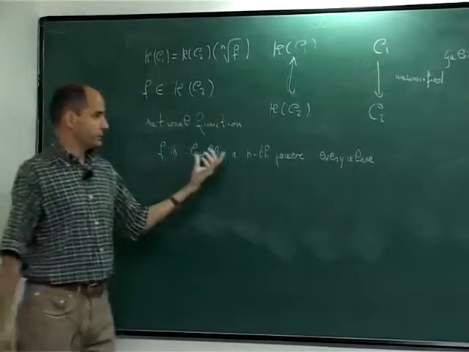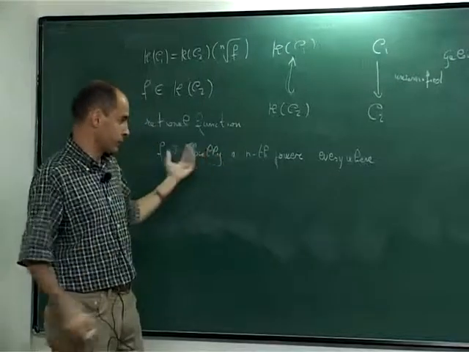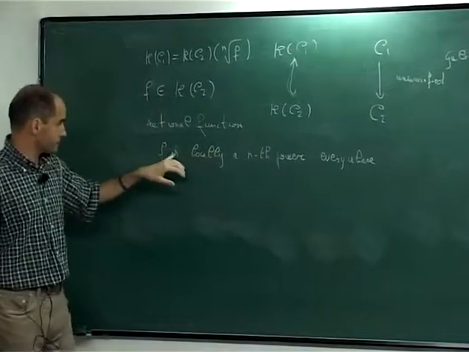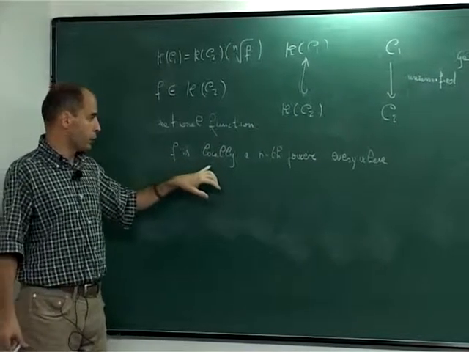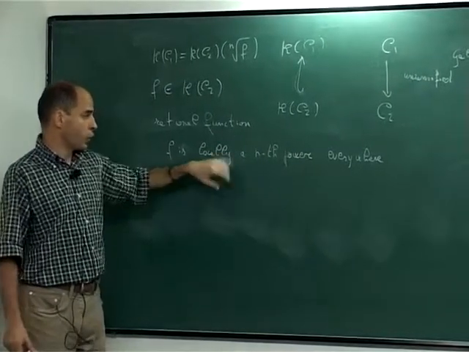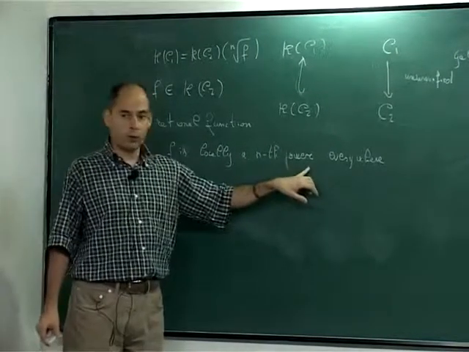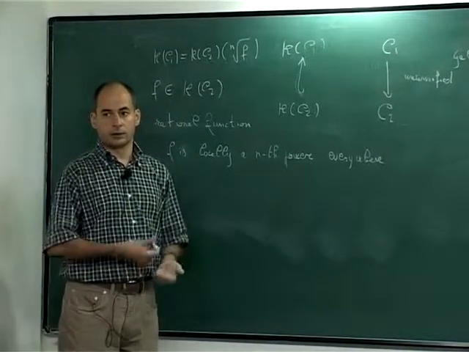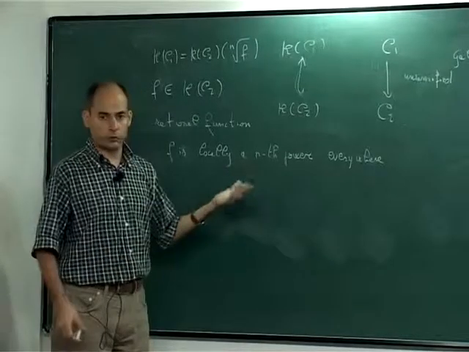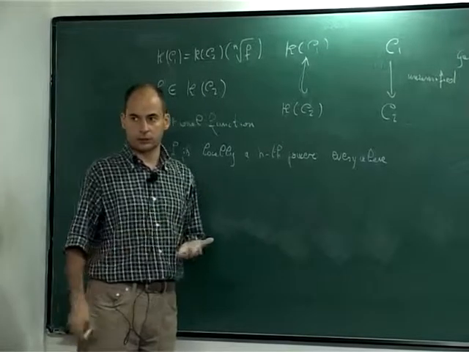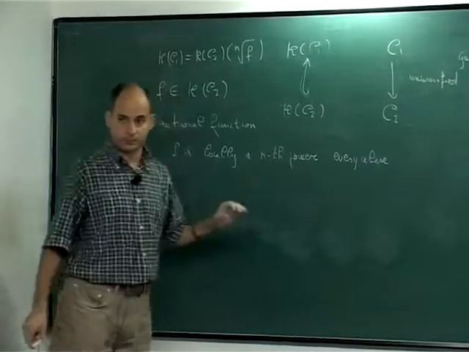So for every point, you can work with the complex topology to simplify. For every point on the curve, locally in the complex topology, F is an nth power in the ring of power series, or if you want, a holomorphic or meromorphic function in a neighborhood of this point.